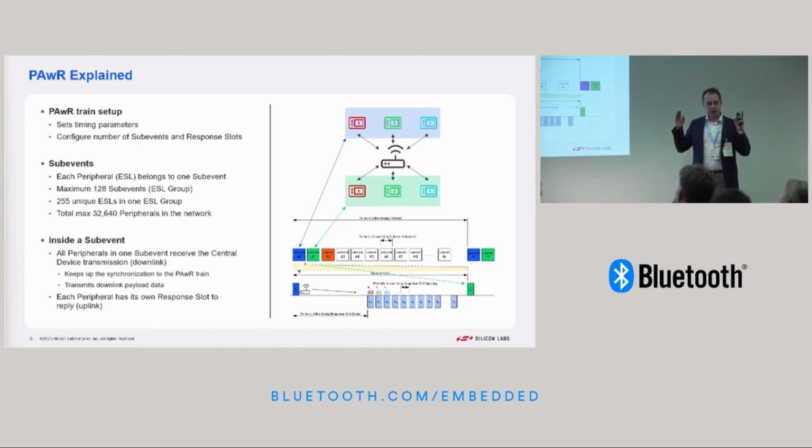That basically defines your network's responsivity, how large it can be, what the power consumption is, and so on. So the access point starts the PAWR train. And then there is, let me show it here.